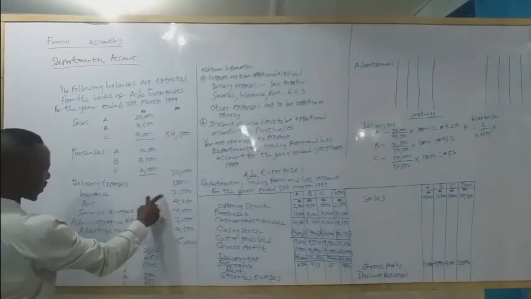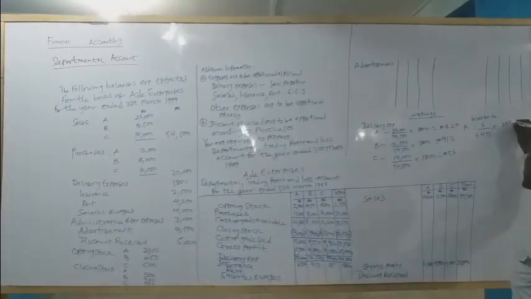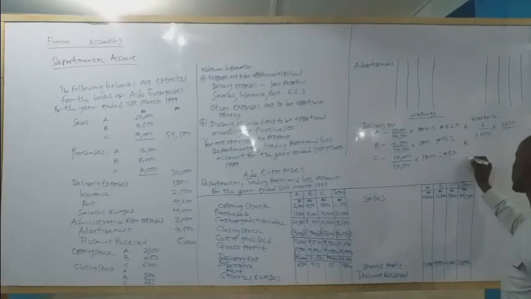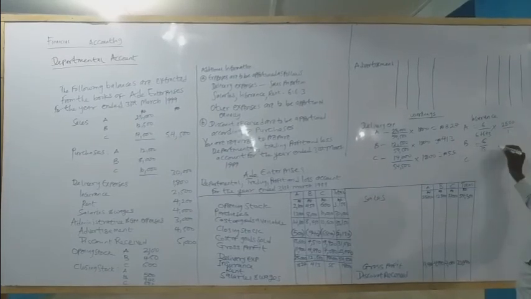What do we have as insurance? 2,500. So we have that for A, B, and C: 6 over 15 times 2,500, and then 3 over 15 times 2,500.